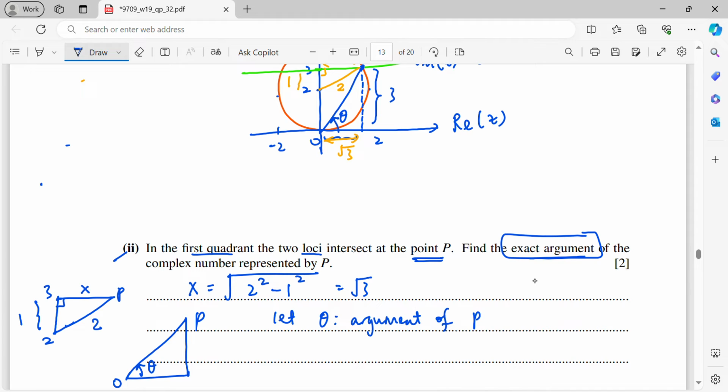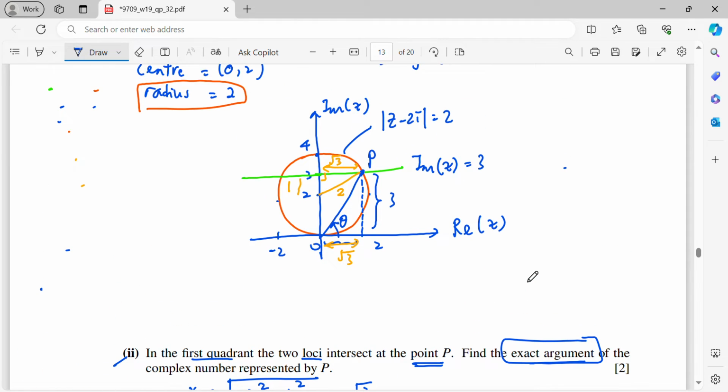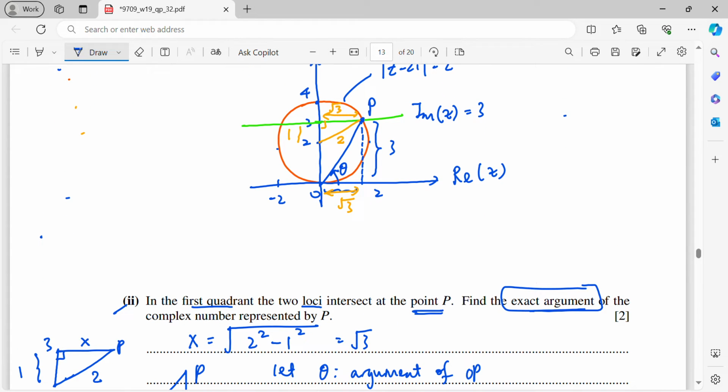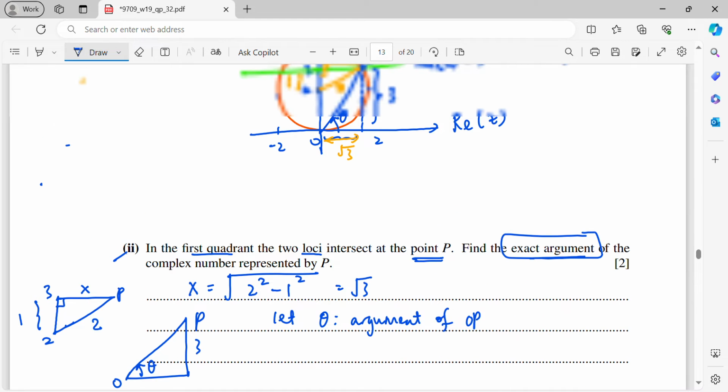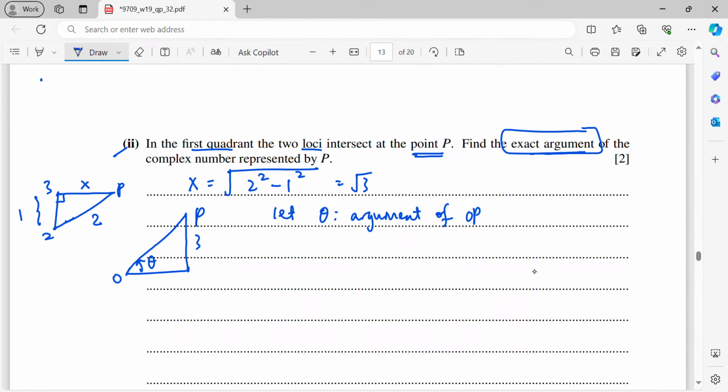Of OP, right. Okay, so now I know that here is 3, and the horizontal distance is square root 3. So from here, theta is the argument, which is arctangent, right?